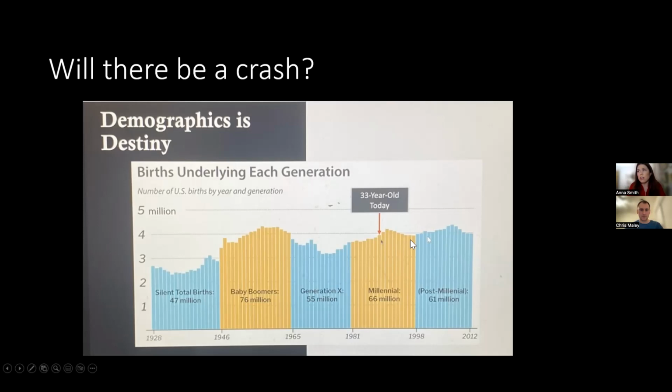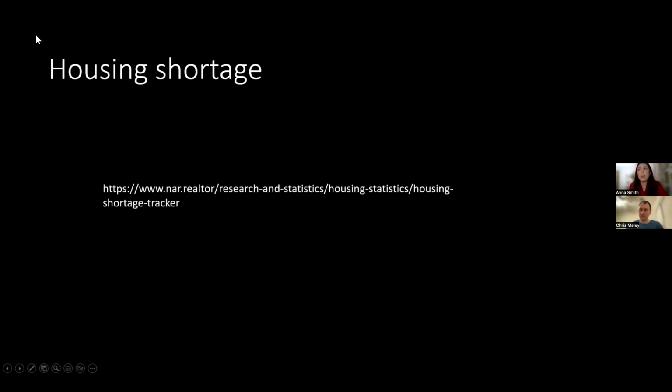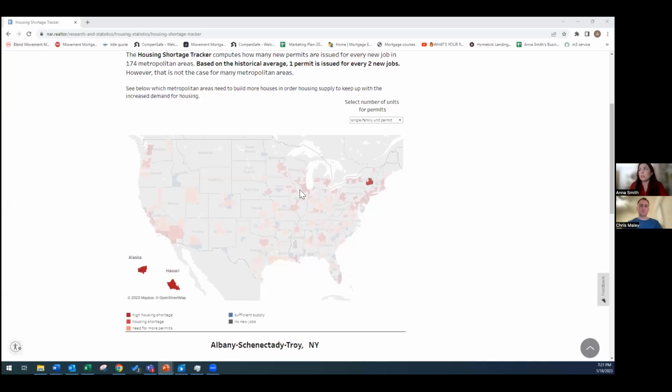And if we keep talking here, let's see, what else do I have for us? The NAR, can you guys still see my screen? The NAR puts out statistics on housing shortage. I'm looking at the Albany, Schenectady, Troy area here, considered a high housing shortage. A new single family permit, that means a new start, a new home to be built, is issued every 7 jobs.